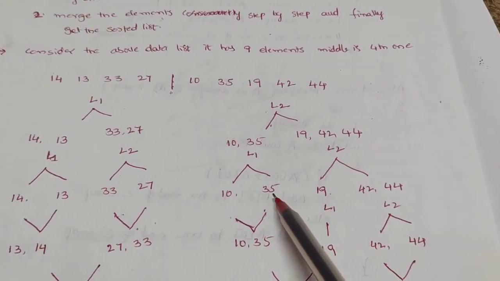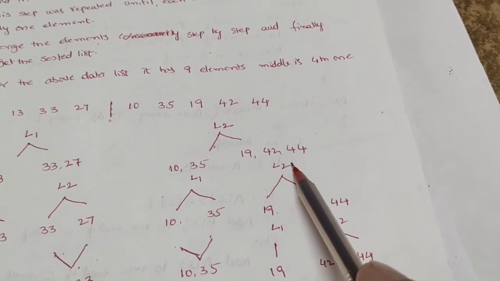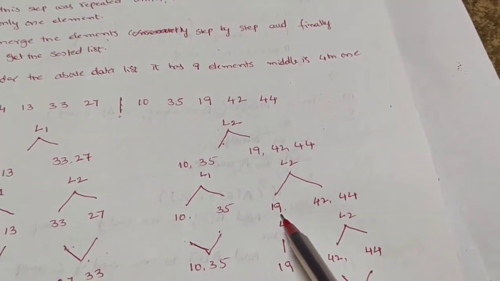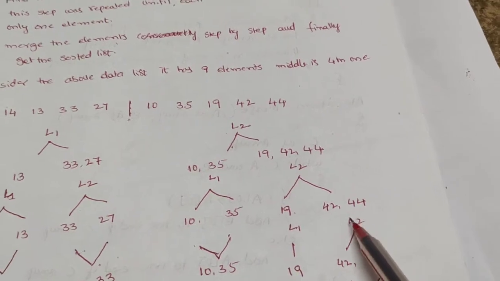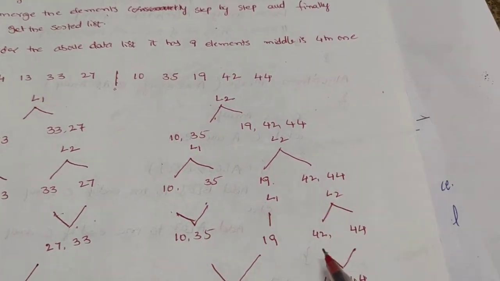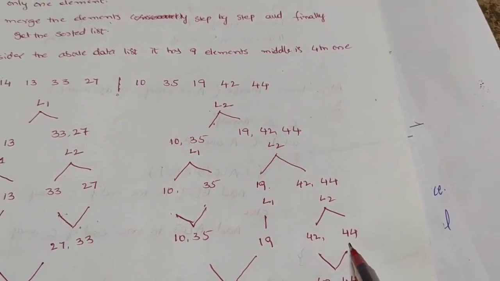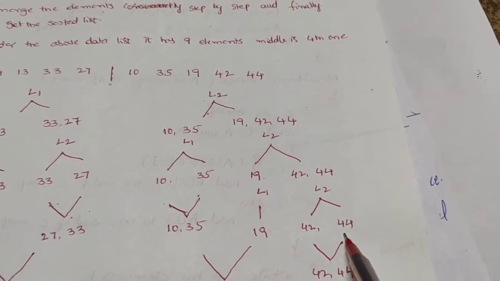Here 10 and 35. Here we observe that by dividing the list into 2 sublists, 19 is in one sublist, and 42 and 44 in the other. Because this sublist consists of 2 elements, we divide it into further sublists, so each and every sublist consists of only one element.